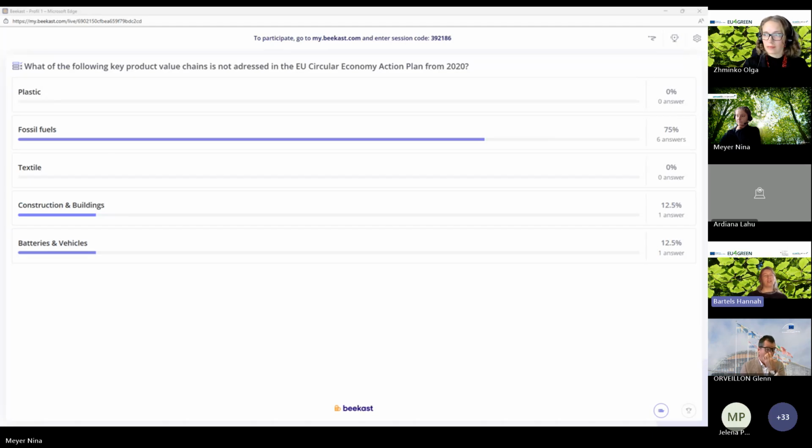Now you can already hint maybe on what might be the correct answer. The question is, which of the following key product value chains is not addressed in the EU Circular Economy Action Plan from 2020? We already have a few answers, and I would still invite you all to join this little fun activity. We're not going to judge on right or wrong answers.